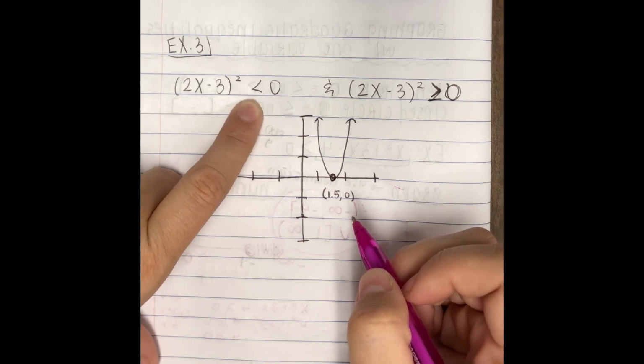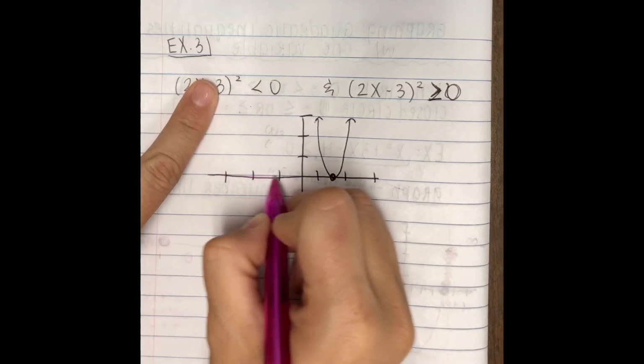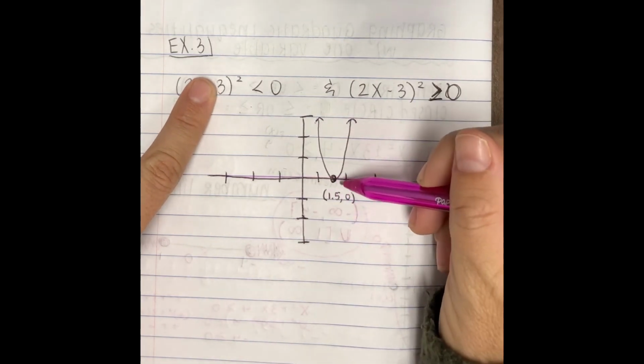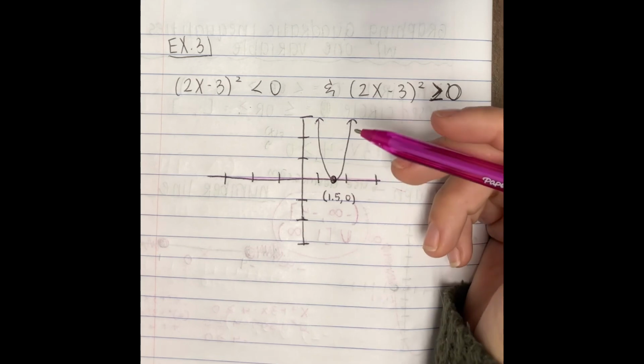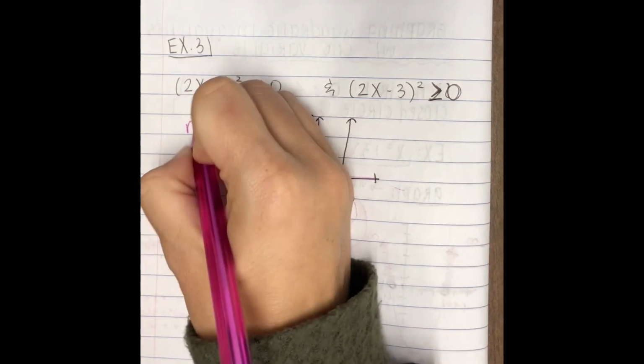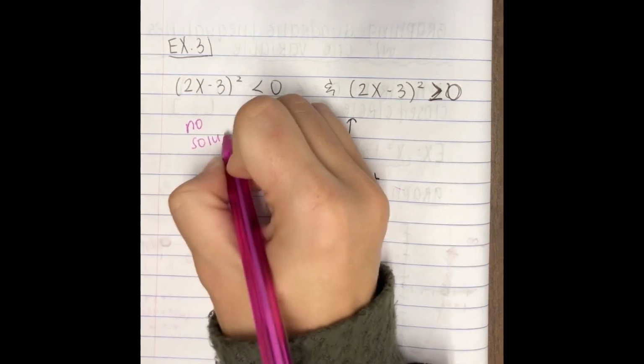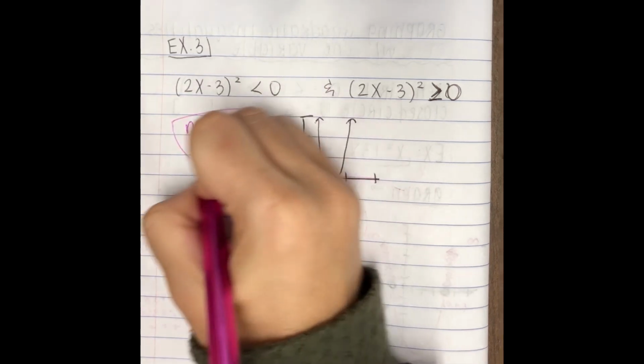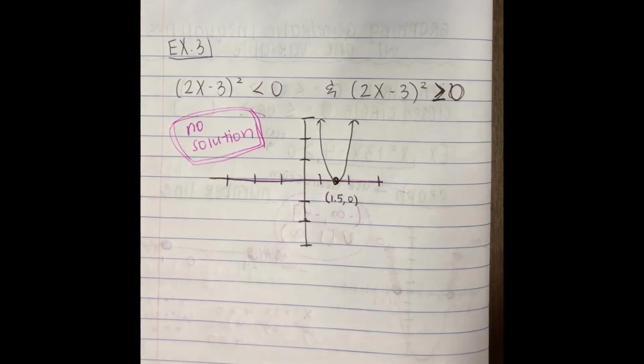Just less than, not equal to. Here's my line. Is there any part of my graph that is less than this line or lower than this line? No. So you would just say no solution. There isn't anything that's less than that line, so there is no solution.